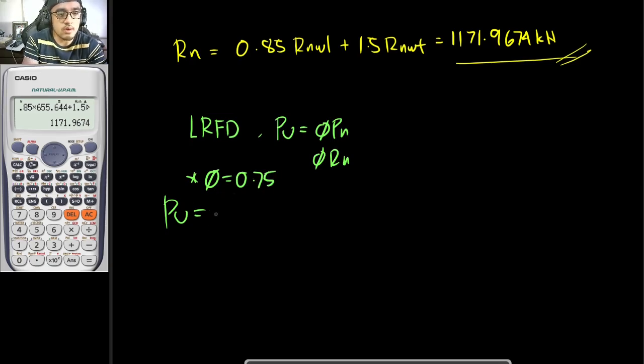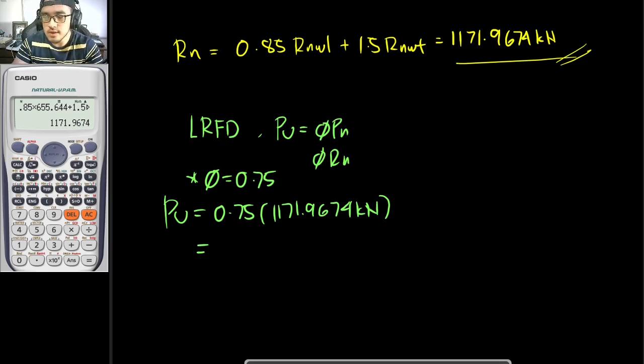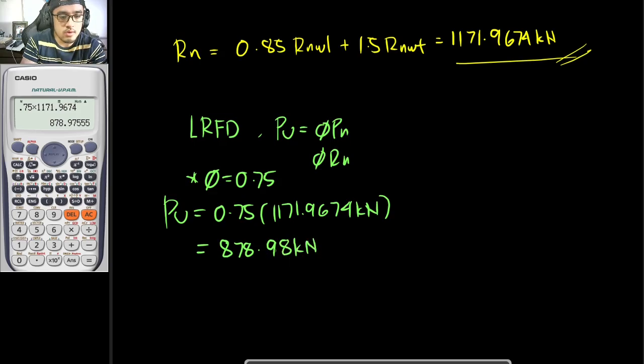So Pu is equal to 0.75 times Pn of 1171.9674 kilonewtons. Multiplying those values gives us an answer of 878.98 kilonewtons. So this is the value of your Pu.